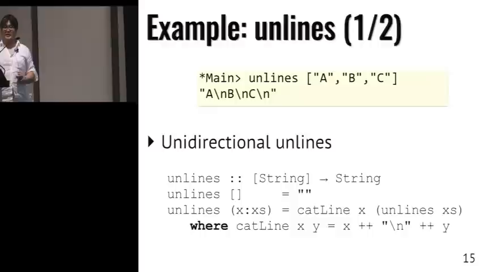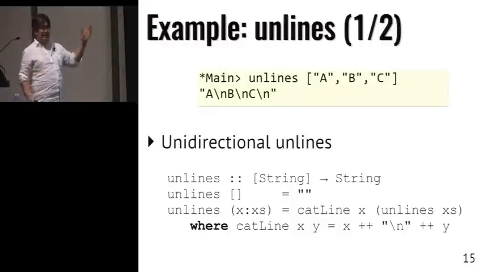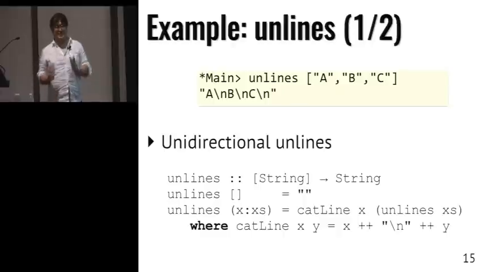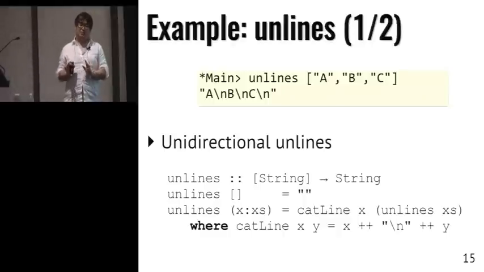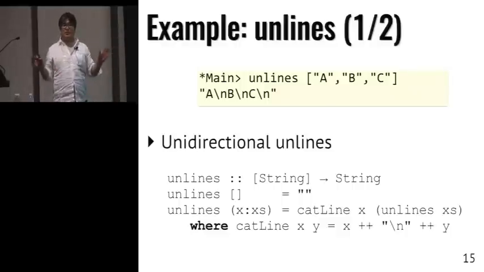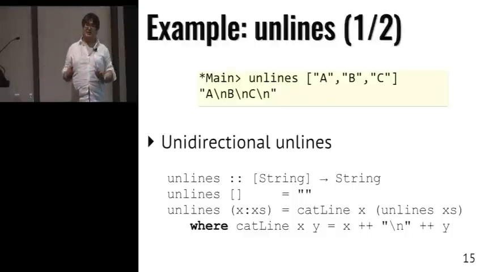Let us explain a much more involved example, unlines, which is a simplified version of the example that I explained in the beginning of this talk. The unlines function takes a list of strings and returns the string obtained by concatenating the strings with new lines, like this.